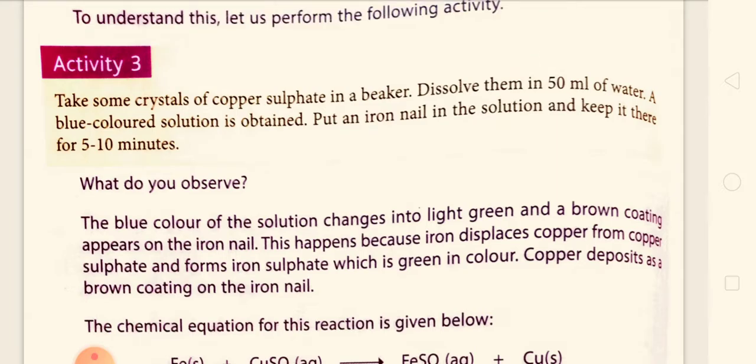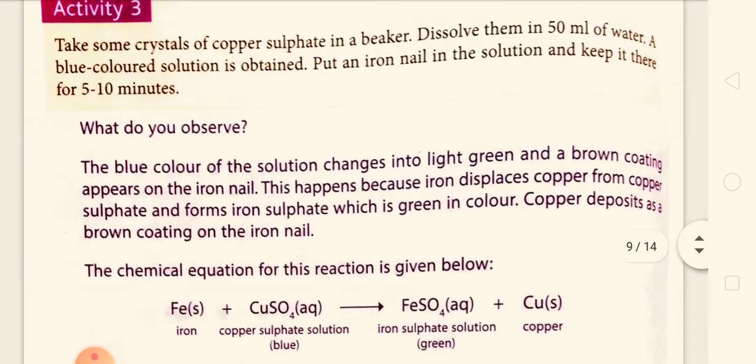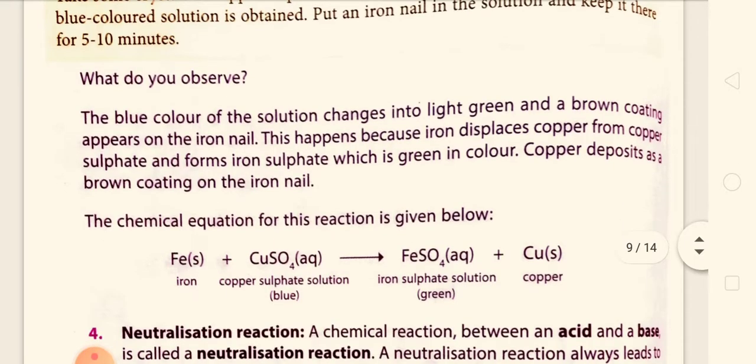This copper sulfate solution slowly becomes green in color, and there is a deposition of brown substance on the nails after 5 or 6 hours. The solution slowly changes into green and a brown precipitation, a brown cover on the iron nail you will observe, isn't it?